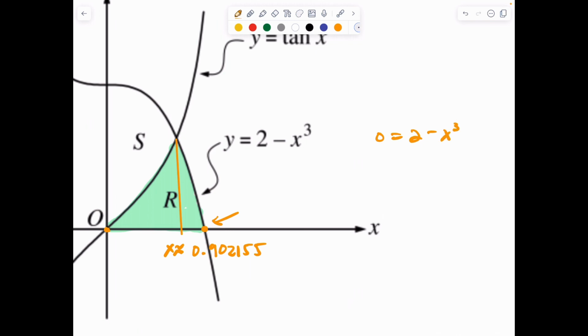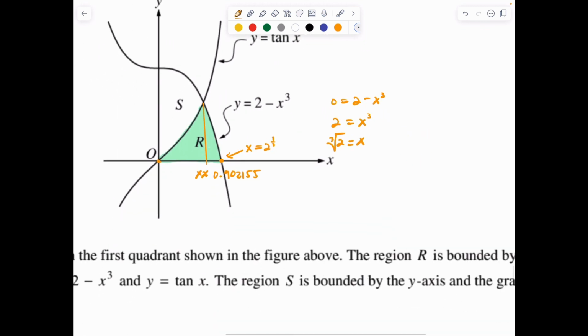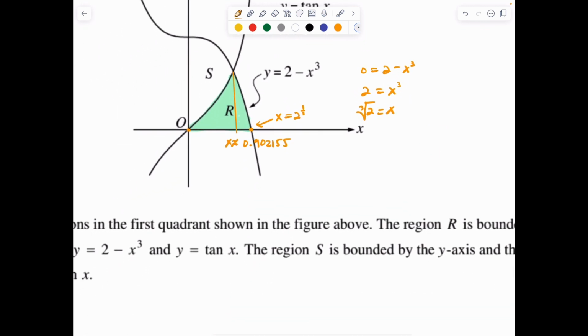So if we subtract 2, divide by negative 1, x ends up being the cube root of 2, or 2 to the 1/3 power. So you can represent it as an exact value.